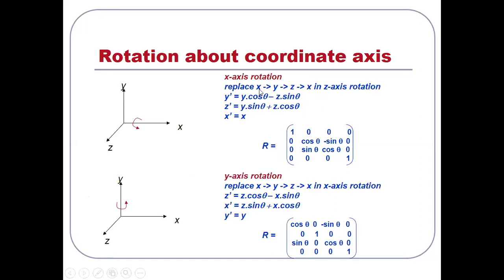It's a cyclic rotation. So x is replaced by y, y is replaced with z, and z is replaced with x in the z-axis situation. So this is the formula.